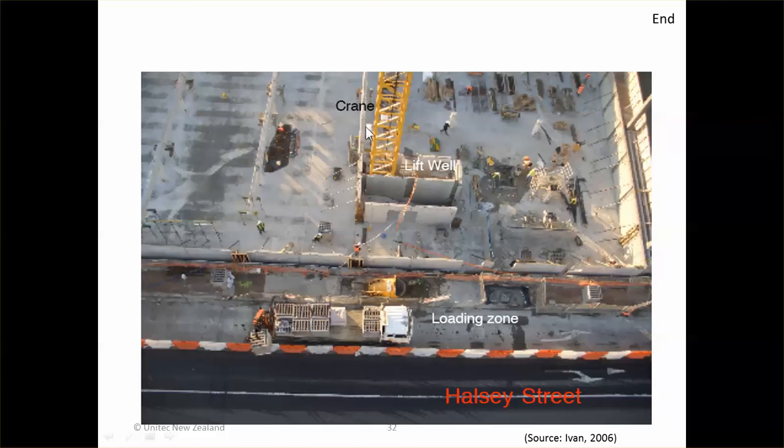And for the unloading, they had the tower crane there, so it was a big structure, so it justified having a tower crane. They had a loading zone there, so trucks came off there, the crane unloaded them, and then they just carried on in the same direction back onto the road. So that was a pretty efficient way of unloading the trucks and allowing it to be done with minimal damage to the local traffic system.